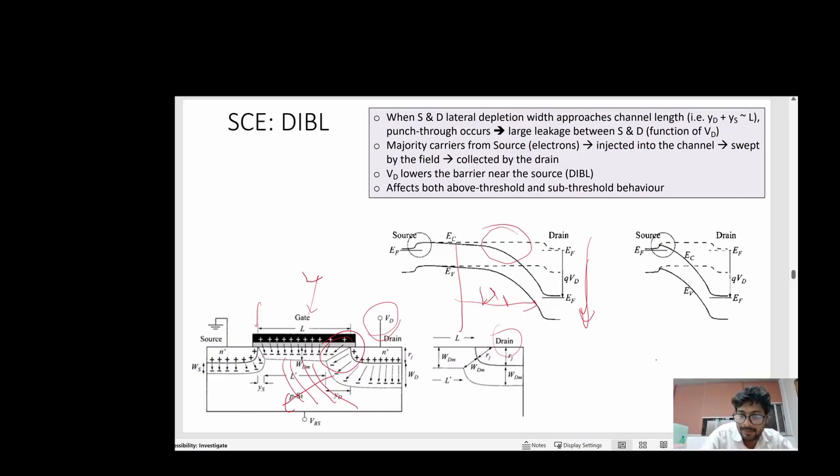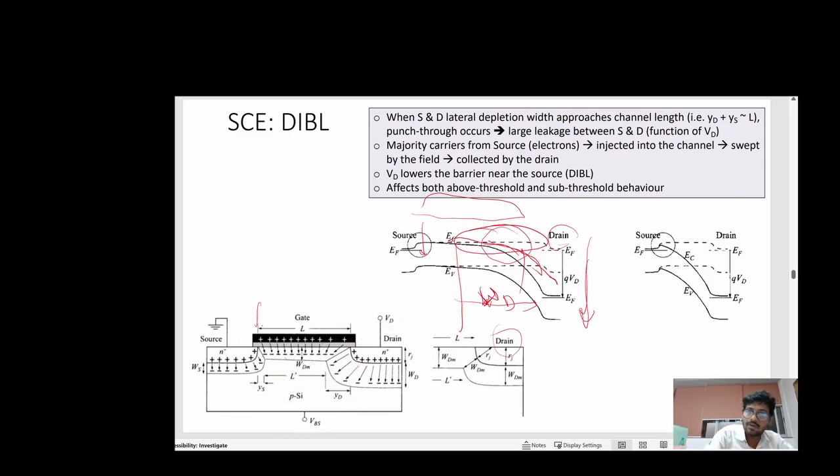This is the WD. So if you apply the gate voltage above this one, that will also push this down, right? For this one, if the drain voltage is less, it will be at this position, so the charge sharing would be very less.